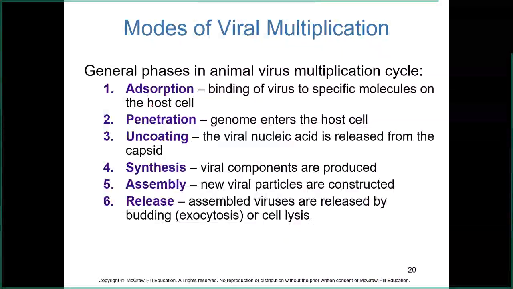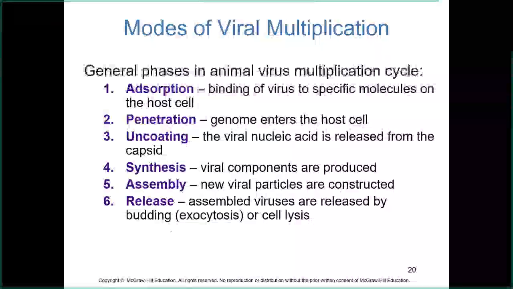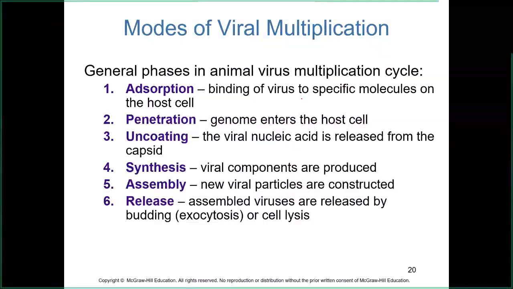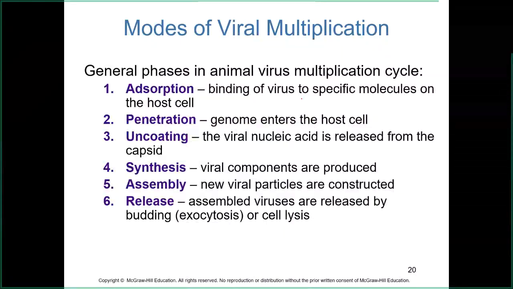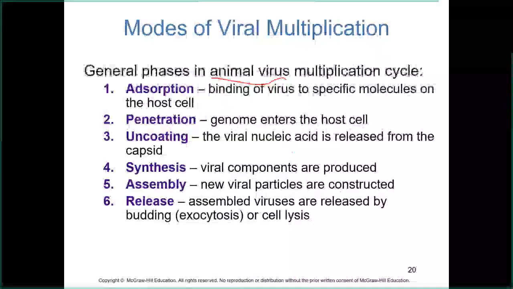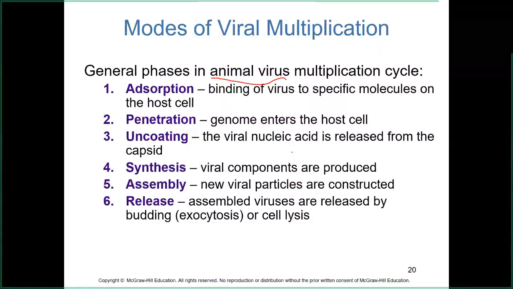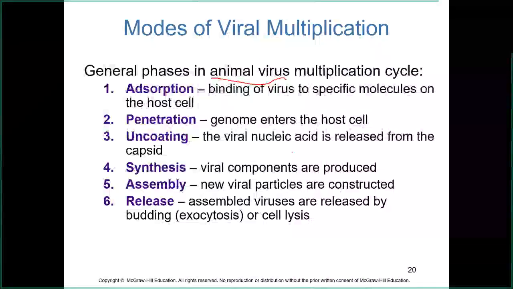But anyway, in animal virus multiplication, you've got all of these steps. And as we'll see, when we look at other types of viruses, in particular the bacteriophages, there are some subtle differences between what happens there and what we see in animal viruses. Animal cells, you'll recall, don't have cell walls. They never have a cell wall. Remember, that's a rigid barrier that lies outside of the phospholipid bilayer.